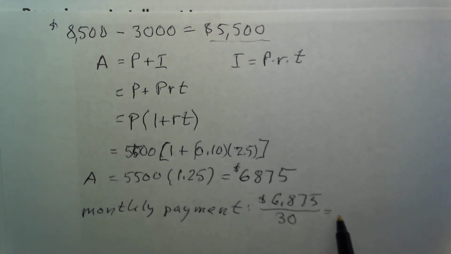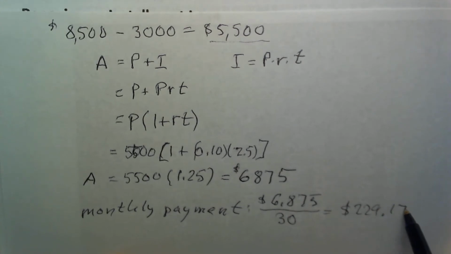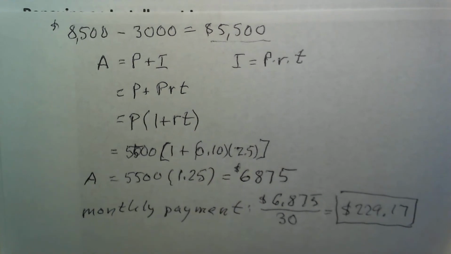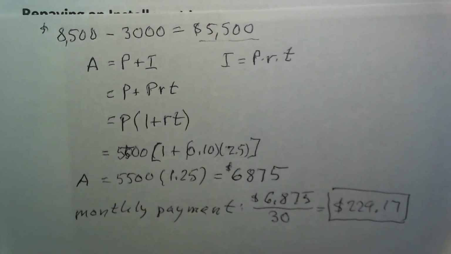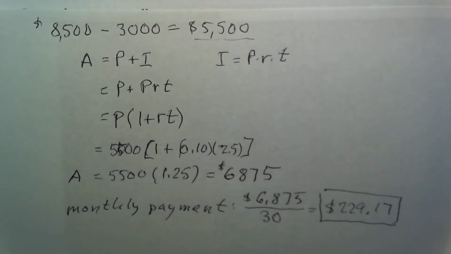And that turns out to be $229.17. That would be the monthly payment for 30 months to pay off the financed amount of $5,500. It's really very simple calculations when you look at the sequence that we went through here.